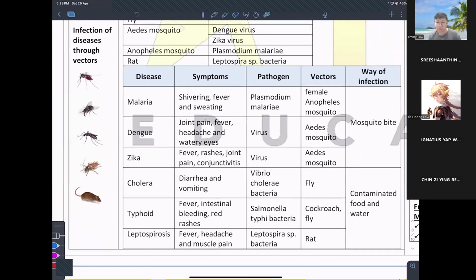Why? Because in objective, when you see the word Plasmodium, you know this comes from malaria disease, correct or not? Vibrio cholerae is the cholera bacteria. In objective, when you see this kind of question, it's actually 3 marks. But in subjective, I don't want you to memorize the name of the pathogen because the name is very complicated. Salmonella type bacteria, how could you memorize this name?